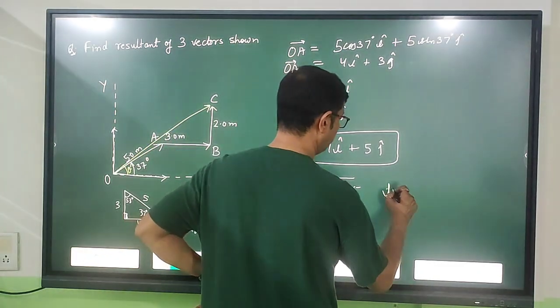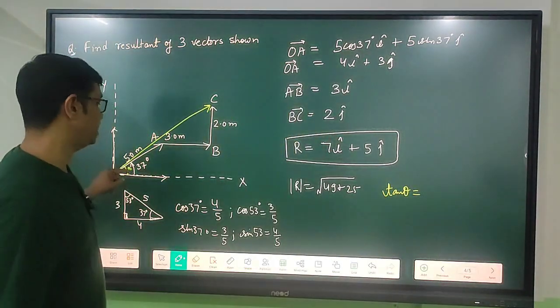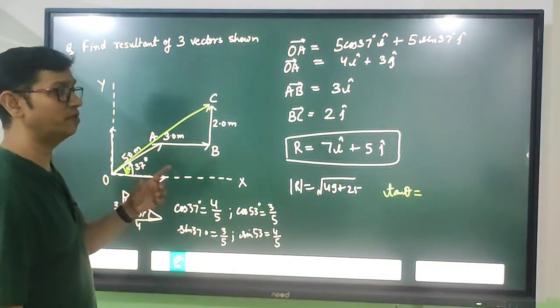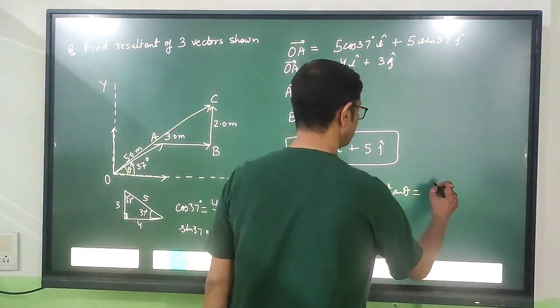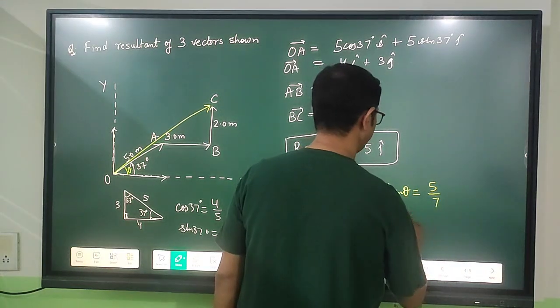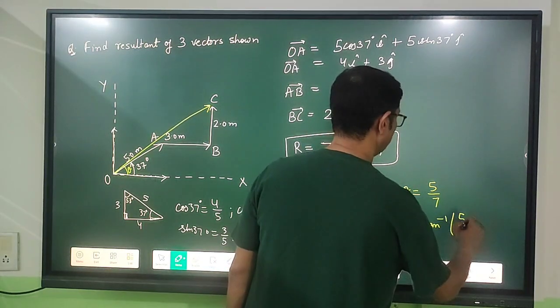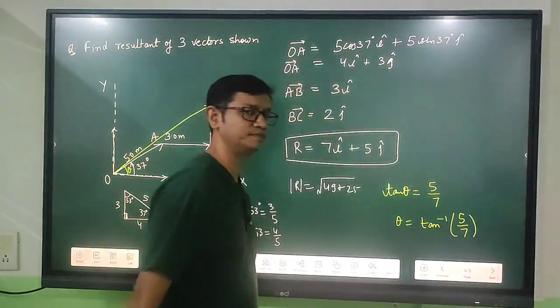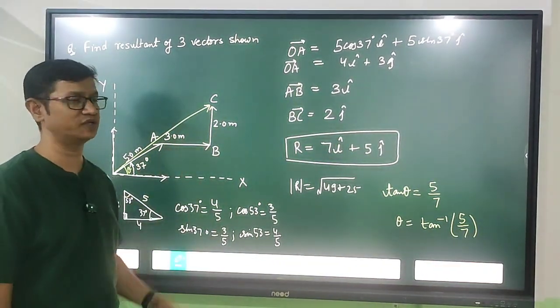Tan theta is always equal to, since we are measuring theta from the x-axis, the y component upon the x component. So this will be 5 by 7. So theta will be tan inverse 5 by 7. Right? So this is one more example to make you comfortable with the resolution of vectors.